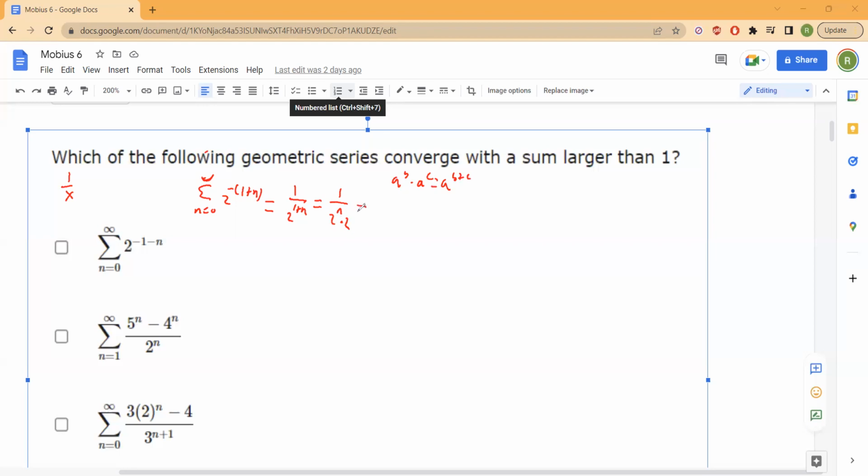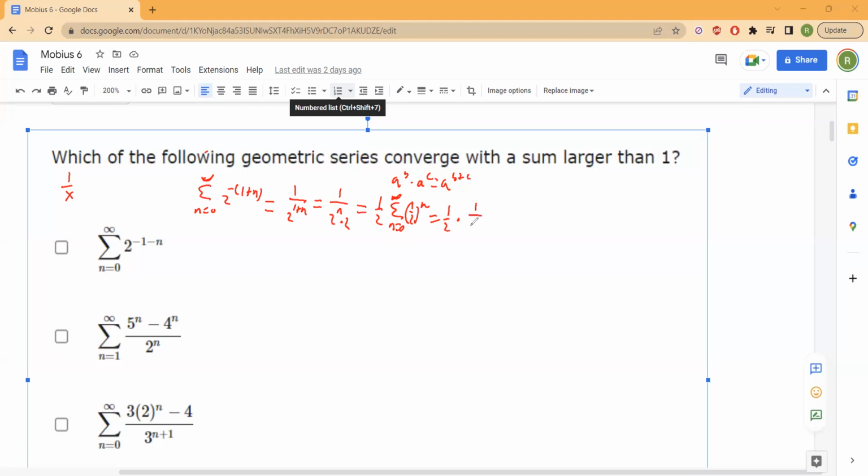Then I'm going to factor out this 2, or 1/2 in this case, out of the sum. So it would be 1/2 times the sum. I should be putting the symbol of sum everywhere, but I'm just a bit lazy. So then it would be the sum from n equals 0 to infinity of 1/2 to the power of n. And now we can use the formula we got before. We know this converges to 1/2 times, because n starts with 0, our first term a would be 1, because 1/2 to the power of 0 is 1.